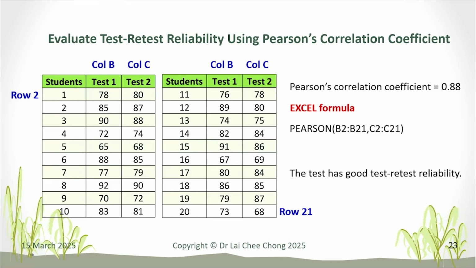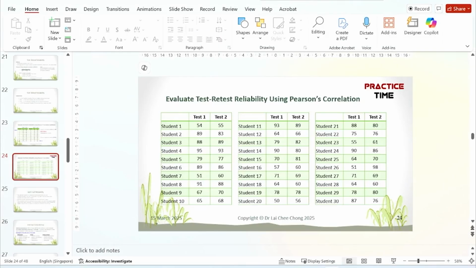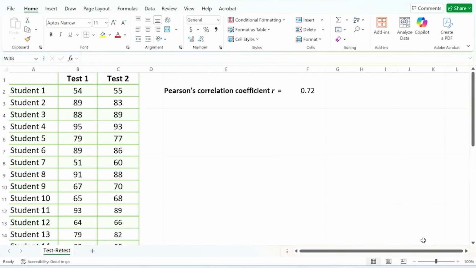All right, so now you do it. I think you have one. Now I give you 30 students. Can you work out whether or not this test-retest has a good reliability? Which is quite the same as this one here.